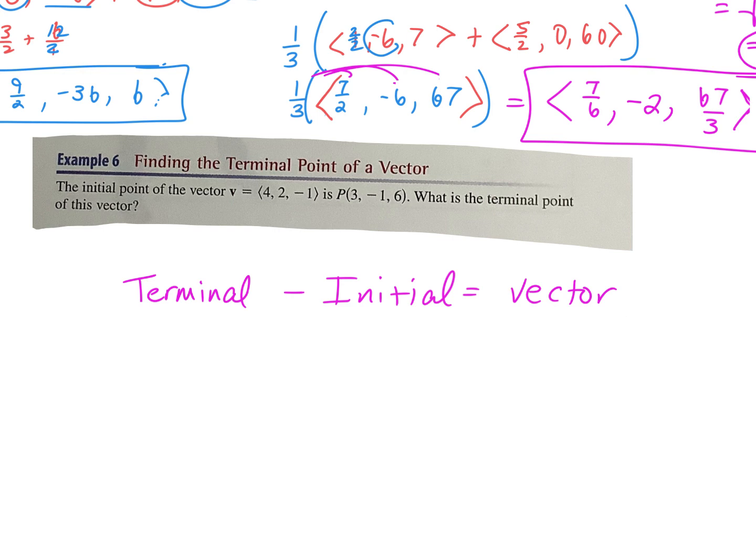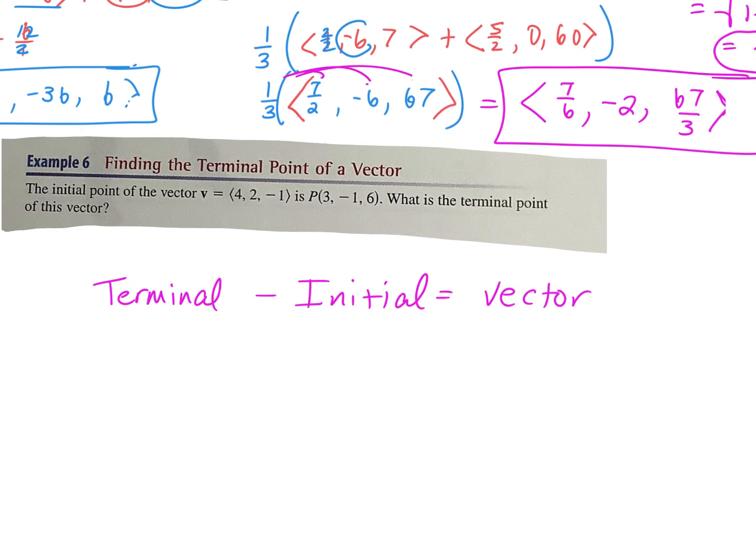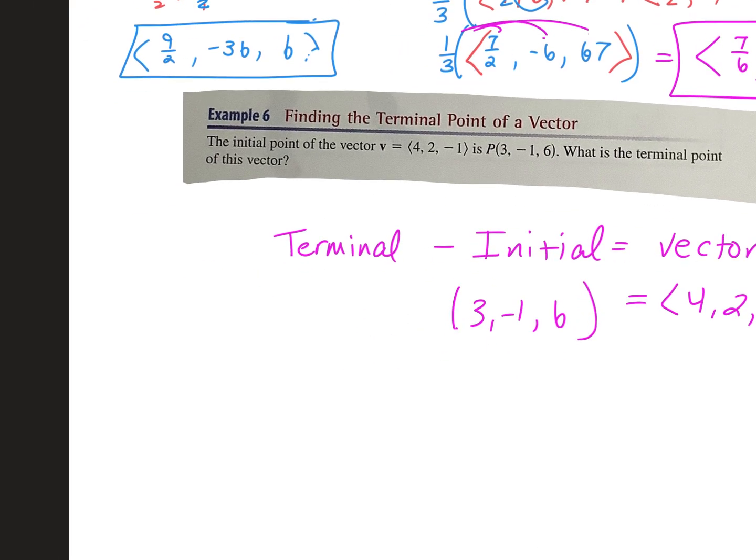They didn't give us all of that information right here. What did they give us? They gave me the vector over here, which is 4, 2, and -1. And they gave me the initial point, correct, of 3, -1, and 6. I don't know the terminal point.